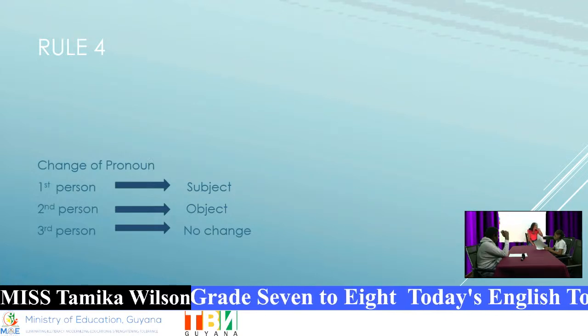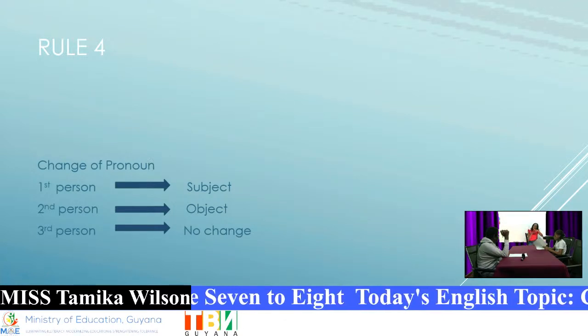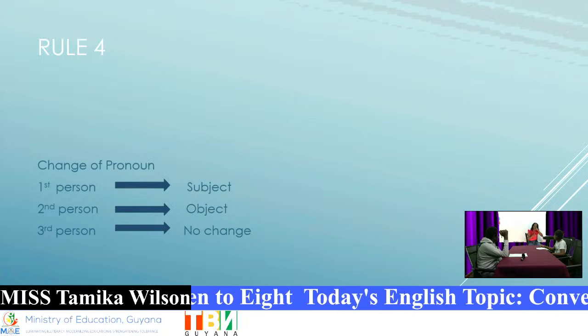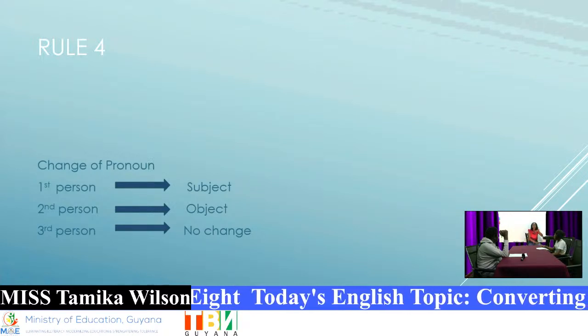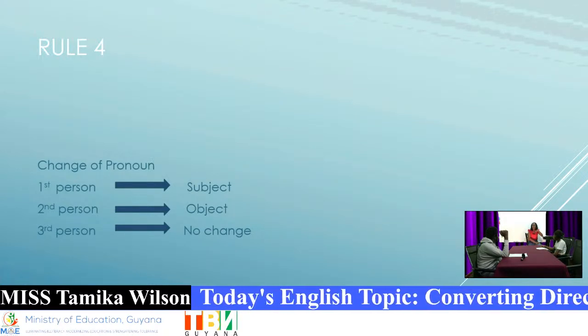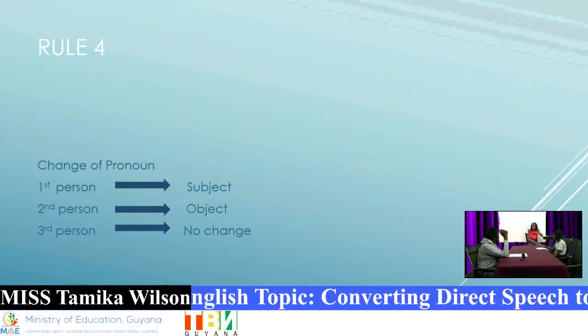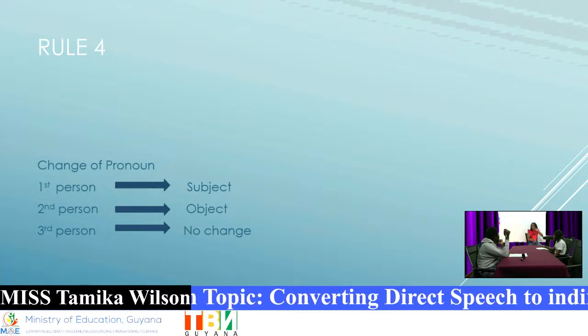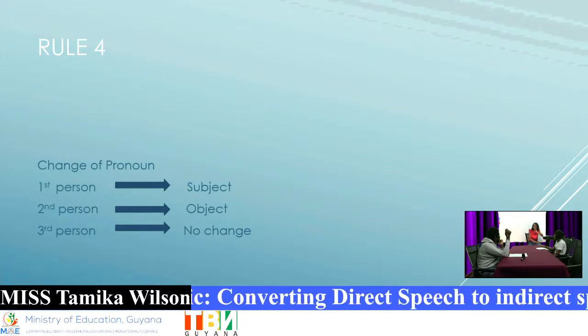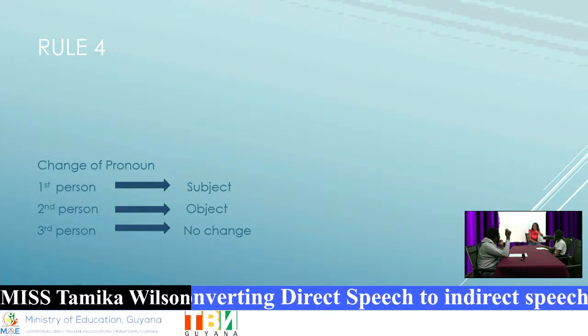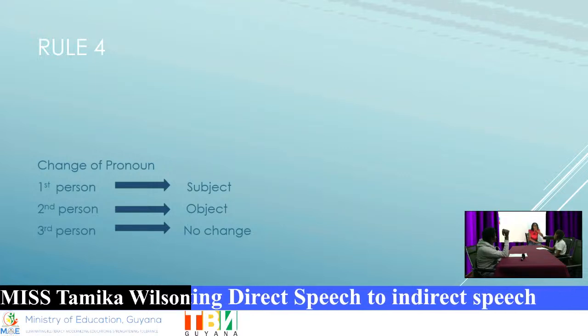So the first person becomes the subject pronoun, in the sense that I will become what? She said, "I am going." So what would I be transferred to? The second person. No. Subject. She said that she is going.